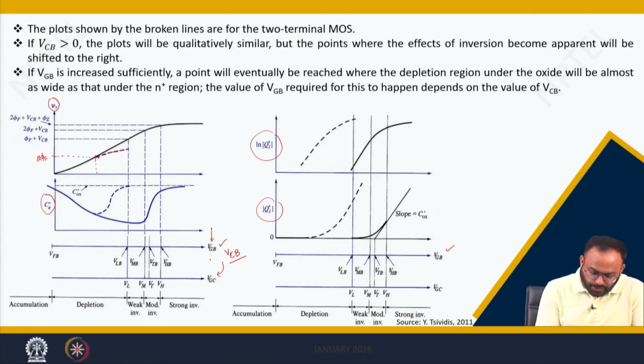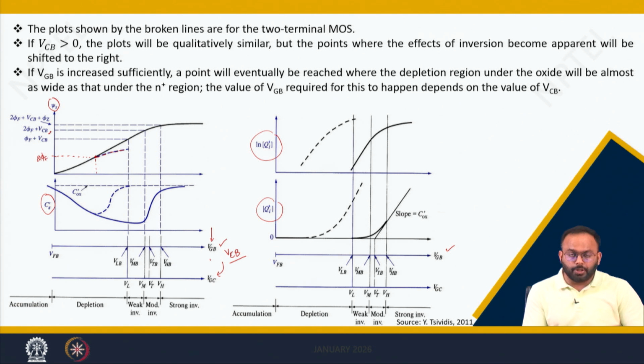So this point is shifted to a new value of what? 2 phi f plus Vcb, because you increased Vcb, and hence you need to apply more Vgb to attain the same amount of surface potential which causes the inversion. So this point got shifted here.